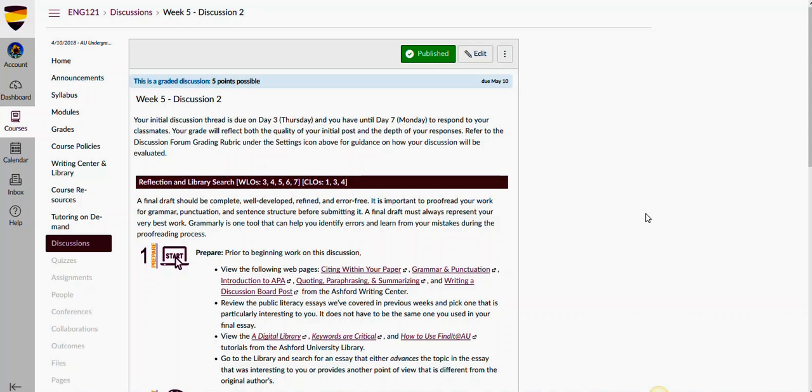Another thing that we don't want to make them feel is huge and scary is APA format. Just like the previous version of 121, we are using APA format in this course, but we are not expecting perfect APA. We want them to get there someday, and we want them to use the resources in the Writing Center to help them with their APA, but we are not going to be dinging them harshly if they don't get it the first or second time around.